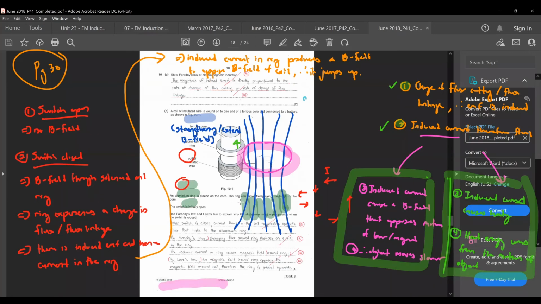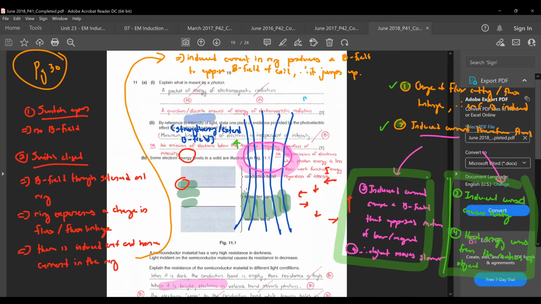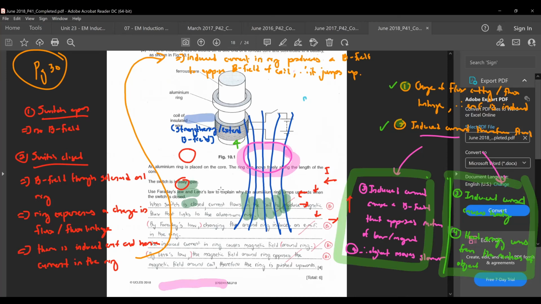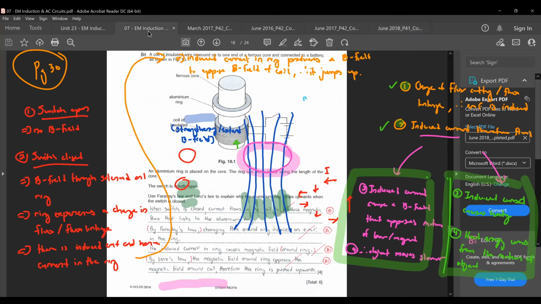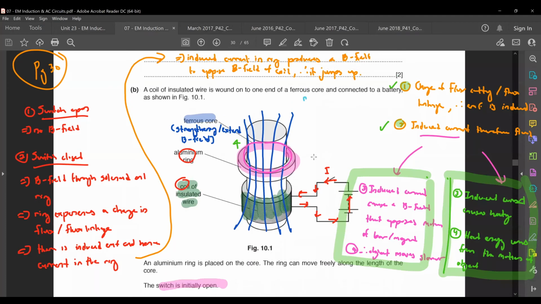Basically, the answer was this. They tell you this one. But before I can explain that, maybe I should just explain this one.